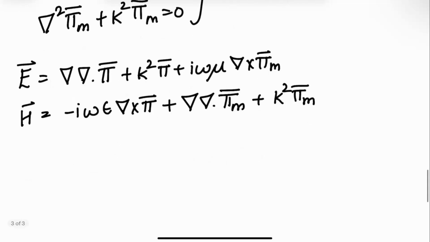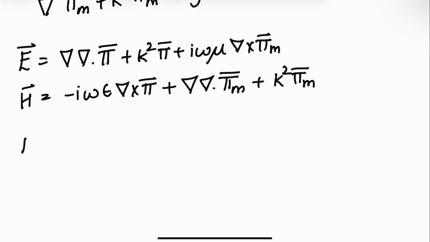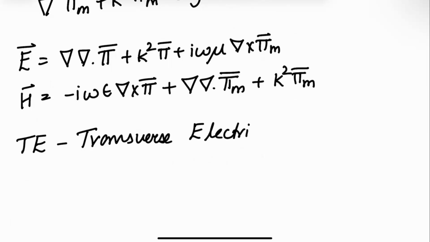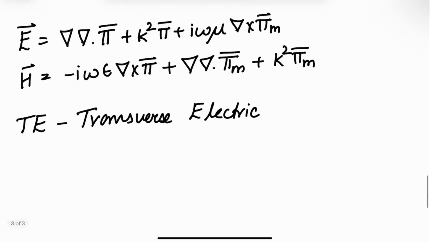Okay, so TE, what does TE mean? TE stands for transverse electric, and it just means that the electric field is perpendicular to k hat. So if I have k propagating in some direction, then it is perpendicular to the electric field.